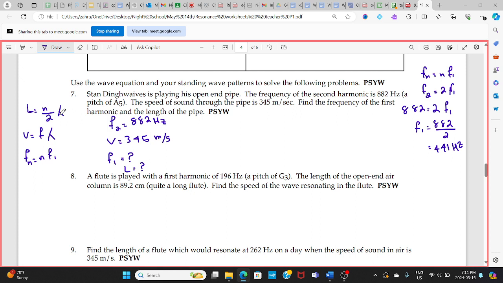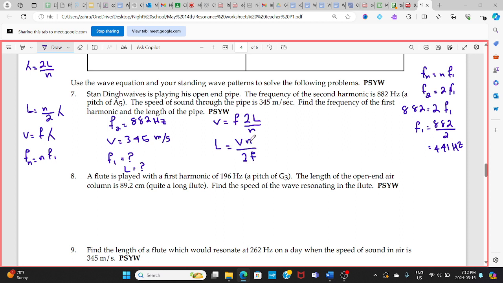Instead of the lambda, I can put 2L over N. I'm going to just substitute it here. Velocity is equal to frequency; instead of the lambda, we put 2L over N. Then the length is going to be V multiplied by N over 2 frequency.